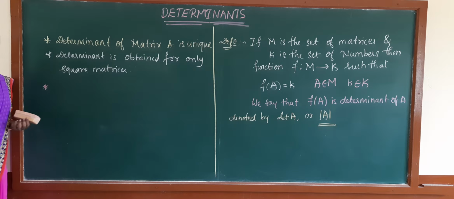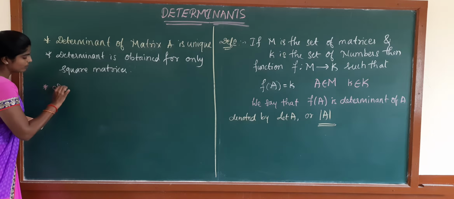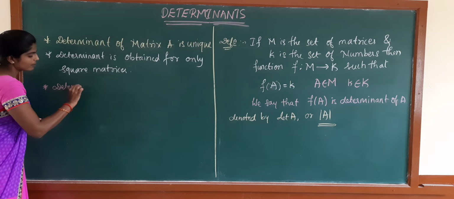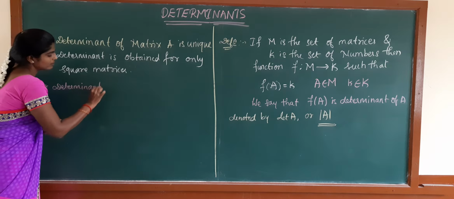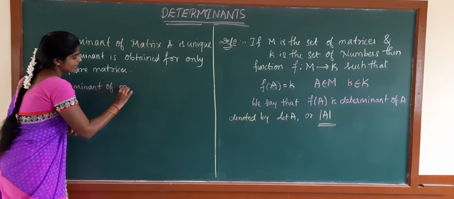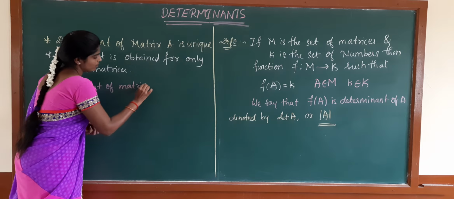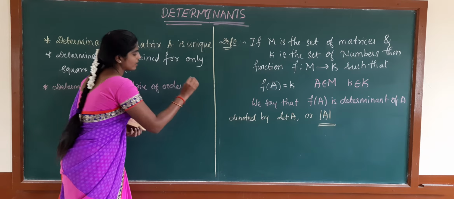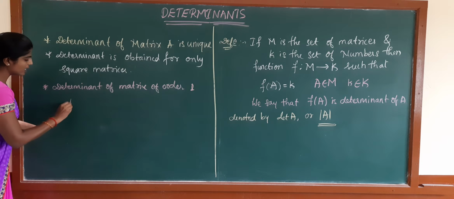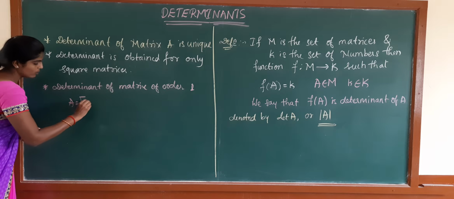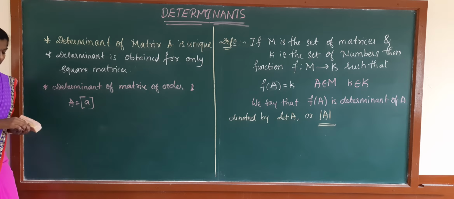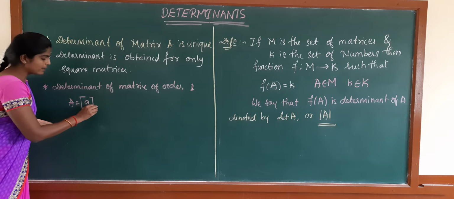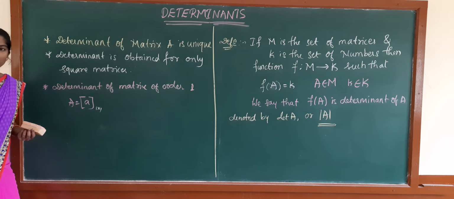Now take the determinant of a matrix of order 1. A matrix of order 1 can be A equal to A, having only one row and one column.